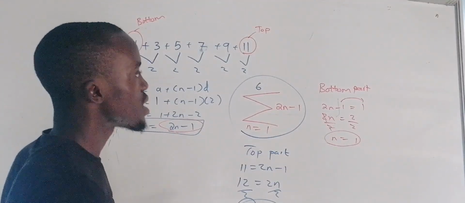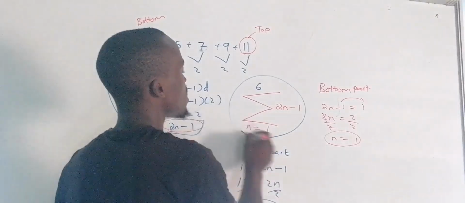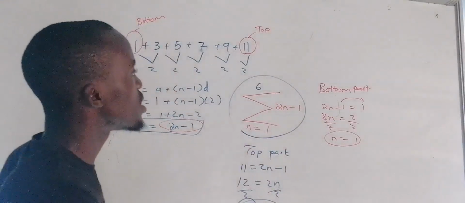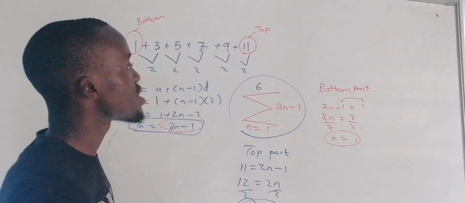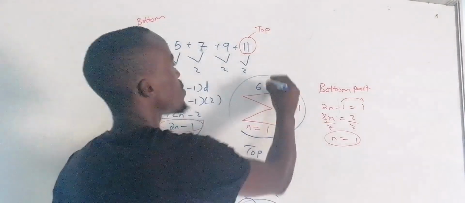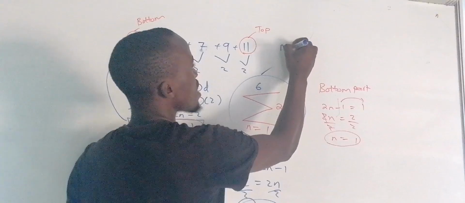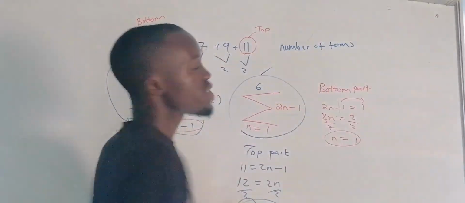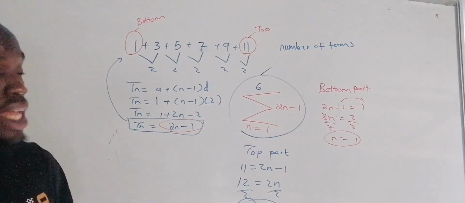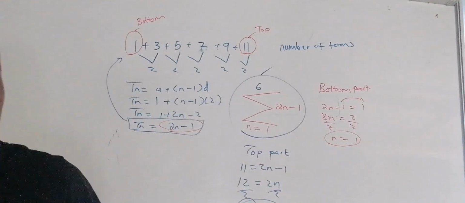So this is the sigma notation, and this represents that. You can be asked to calculate the number of terms, so it's very important to know how to calculate the number of terms in a sigma notation.